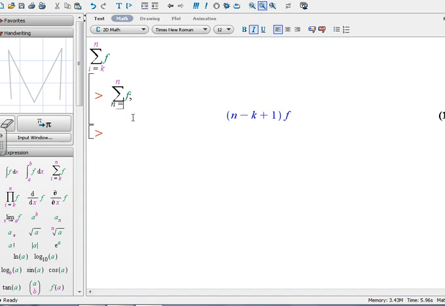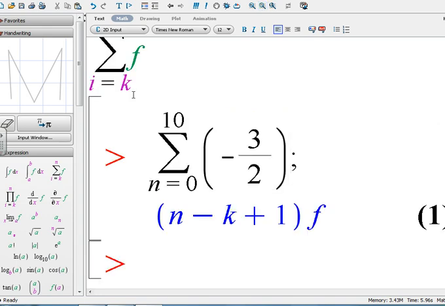N equals 0, and we'll go out to 10, just to go someplace. The summation to 10 of x, we're going to use minus 3 divided by 2 raised to the n.